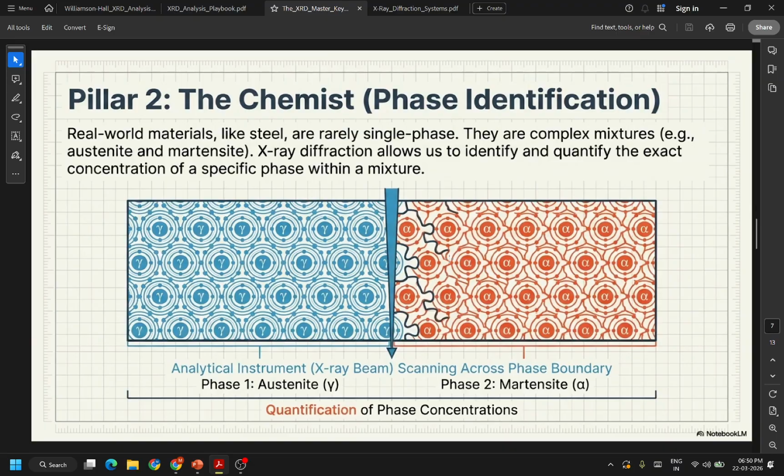Next is your phase identification. In real world materials like steel, they are rarely single phase. They are complex mixtures such as austenite and martensite. So X-ray diffraction allows us to identify and quantify the exact concentration of a specific phase within a mixture.